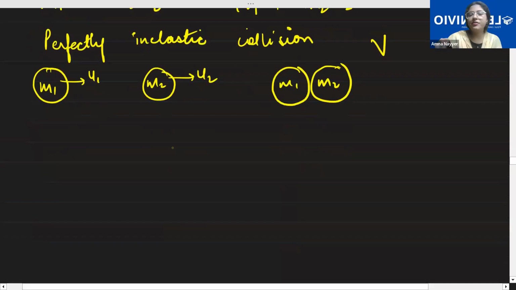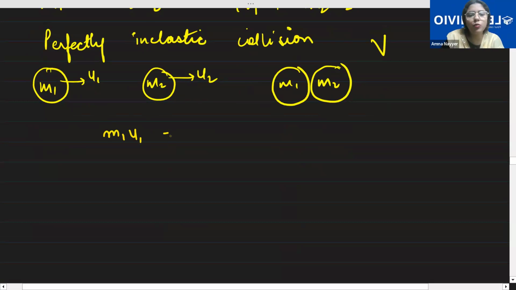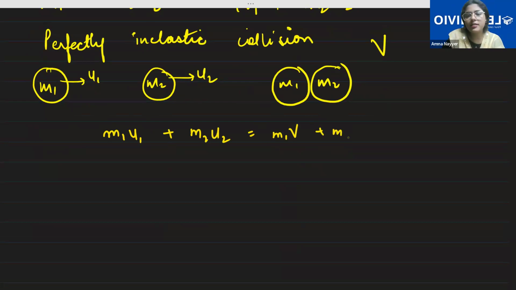Now there's a case of perfectly inelastic collision. Perfectly inelastic collision means both the bodies are moving. They have their individual initial velocities. They are moving with different velocities. They collide and then they stick together. They do not separate. So whatever will be the velocity will be the same velocity of both of these. That is known as the common velocity. If I write the momentum conservation equation, m1 u1 plus m2 u2 is equal to m1 v plus m2 v. Taking v common, that becomes m1 plus m2.